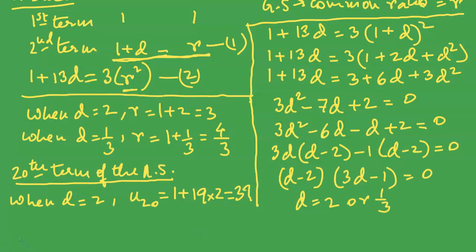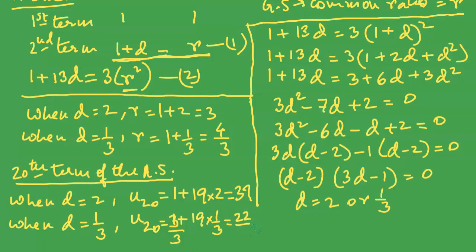Okay, and when d is equal to 1 over 3, the 20th term, which is u20, will be equal to 1 plus 19 times 1 over 3, which is 19 over 3. And this 1 I can write as 3 over 3. So 3 over 3 plus 19 over 3 is equal to 22 over 3.